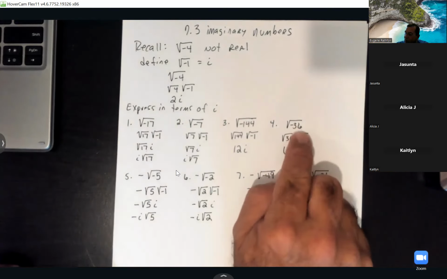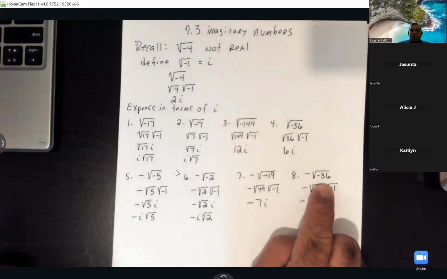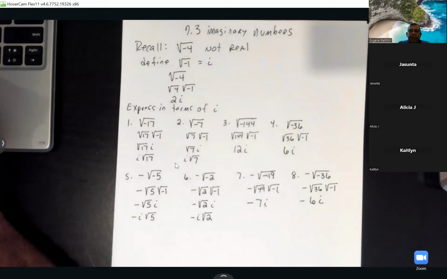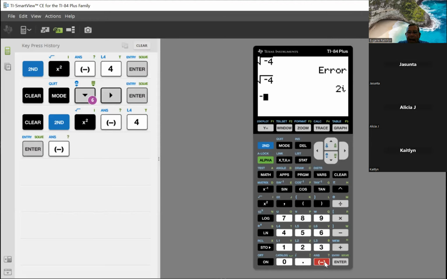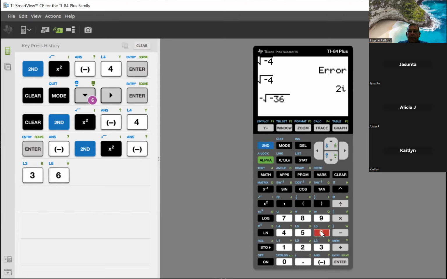Now, y'all, the ones that are perfect squares like this one, we can do on the calculator. So let me pull that up. So I had a negative square root of negative 36. Now, the perfect squares it will do, and it'll give me my negative 6i like I needed, okay?